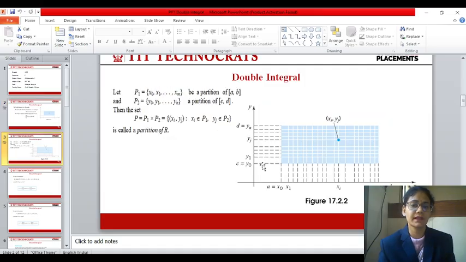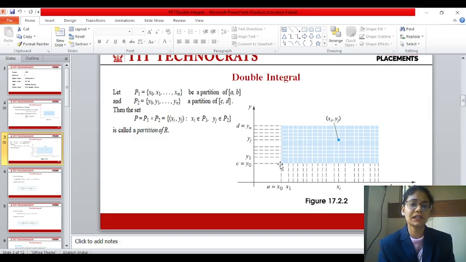And the limits you will follow. As we discussed partition in the line integral in one dimension, similarly we can follow that in two dimensions. Here we have a partition P1 for the x-axis from x0 to xn, and partition P2 along the y-axis, from y0 to yn.